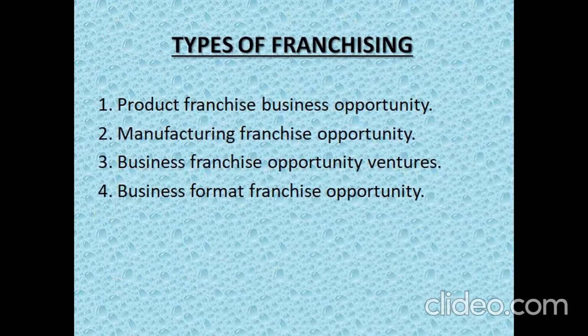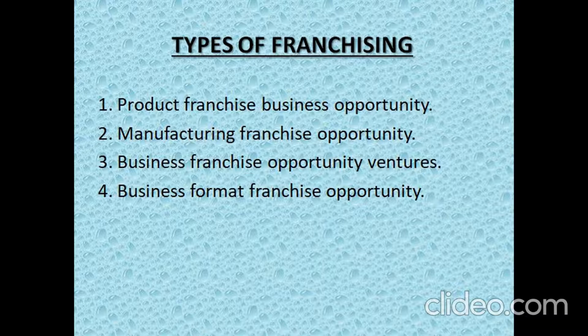Then there are four important types of franchising. This is very important in our syllabus, because you will get case studies also from this part. So there are four types of franchising: product franchise business opportunity, manufacturing franchise opportunity, business franchise opportunity ventures, and the last one is business format franchise opportunity.